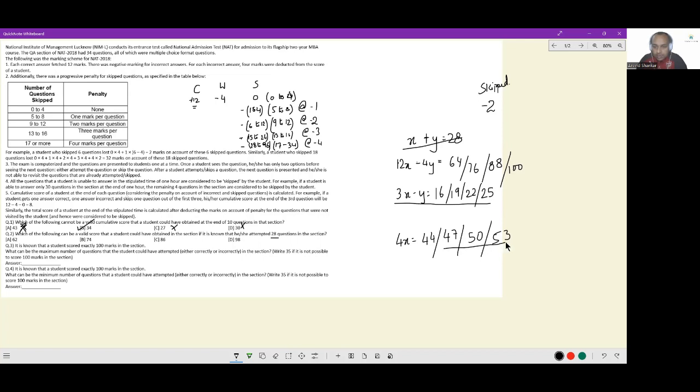Can you see the last three numbers, 47, 50, and 53, are not even divisible by 4, which means these are impossible cases. If these are impossible cases, what is an acceptable final score that can be obtained by the student? That is simply option A.